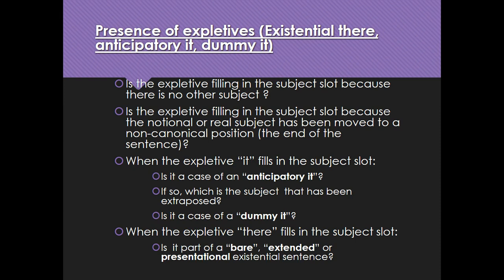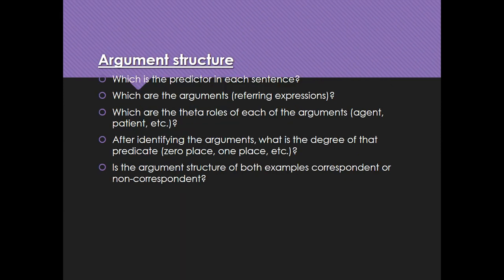Then we move on to semantics, to the theory on predicates and arguments. So when you analyze the argument structure, you have to take into account a few things. Among them, you should, first of all, identify the predicator of a sentence.